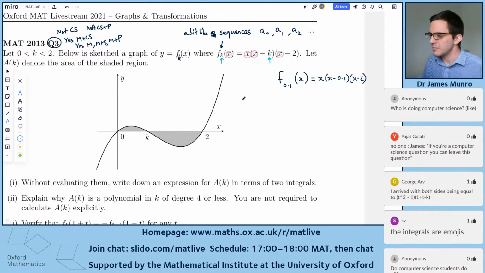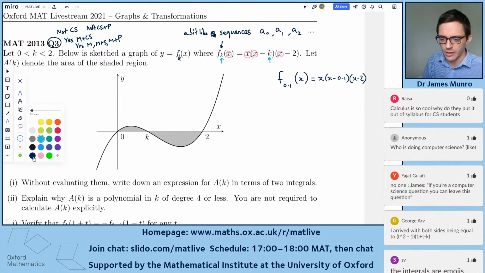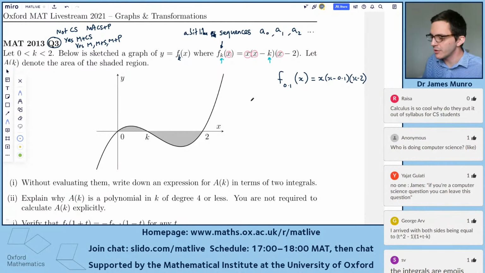Okay. I'm going to maybe go for one more example. So if I want f subscript 1 of 0.5, so this is the function f1. The f1 function takes the value 0.5 and it would calculate 0.5 times 0.5 minus 1 times 0.5 minus 2, where I've written 0.5 in for each of the x's and I've written 1 for k in here.